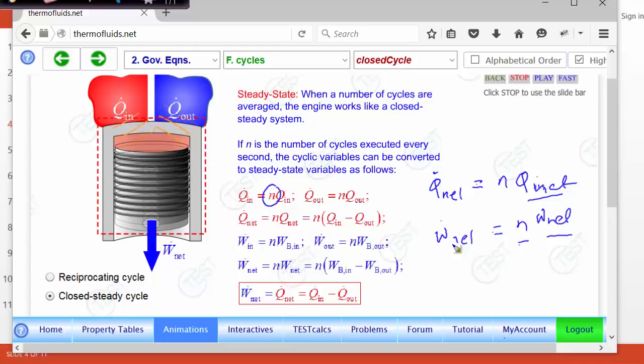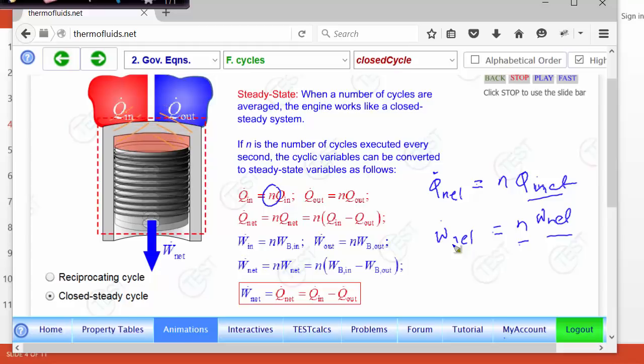You have to understand how many cycles are executed by a reciprocating engine in a 4-stroke cycle, which is your typical gasoline or diesel cycle. In a 4-stroke cycle, the intake and exhaust strokes, remember, do not participate in the actual thermodynamic cycle. So therefore 2 strokes are almost wasted.